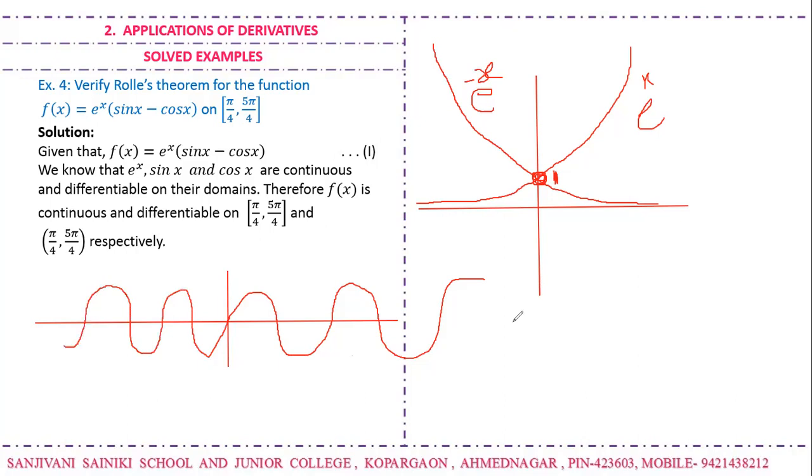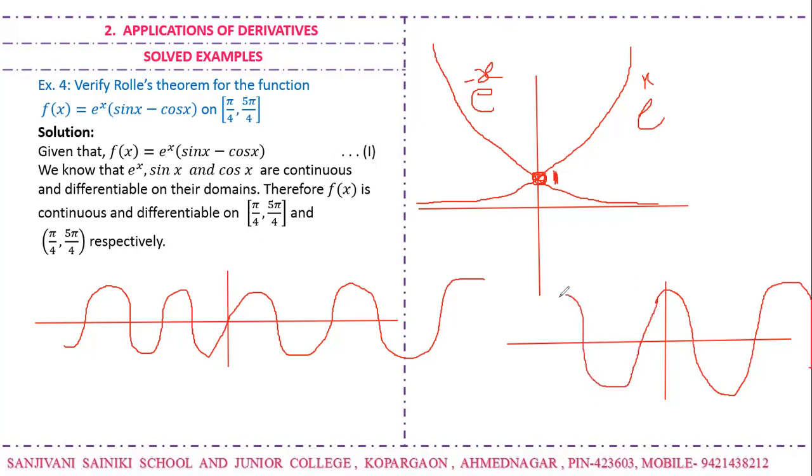This is the sine wave. Again, we must know the graph of cos also. Cos 0 is 1, so the graph will start from this point. To the left, again the same, just like a wave.